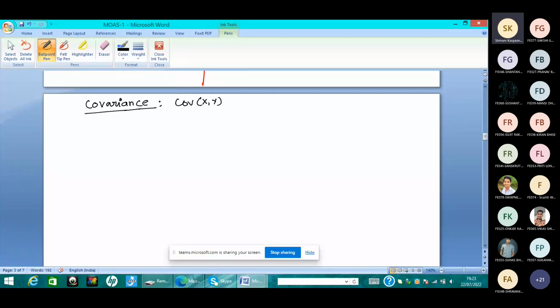So what is the covariance? I'll explain in a very simple way. See, I have a few data. I have two situations. This is situation one: I have a single data.